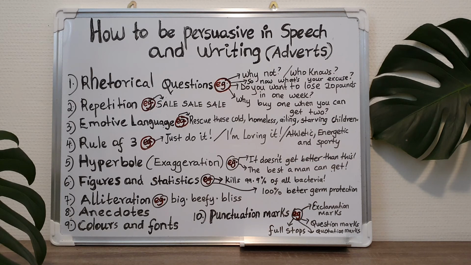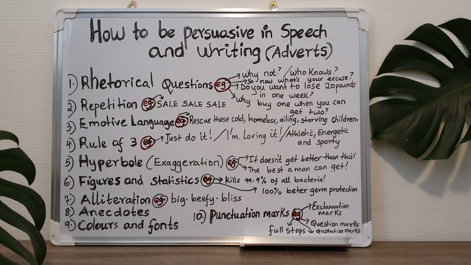Certain colors like blue, green are associated with calmness. White, red has a completely different meaning, but perhaps you want things to stand out. Okay, so choose your colors very wisely and also your fonts.